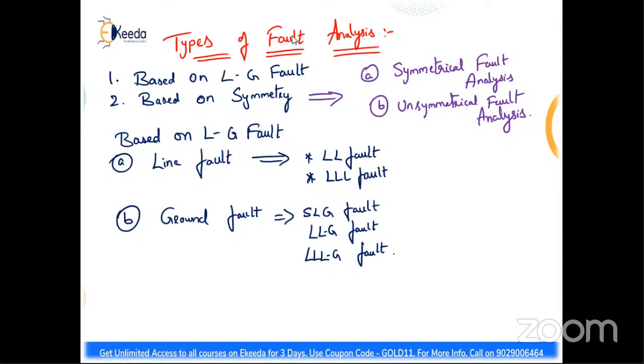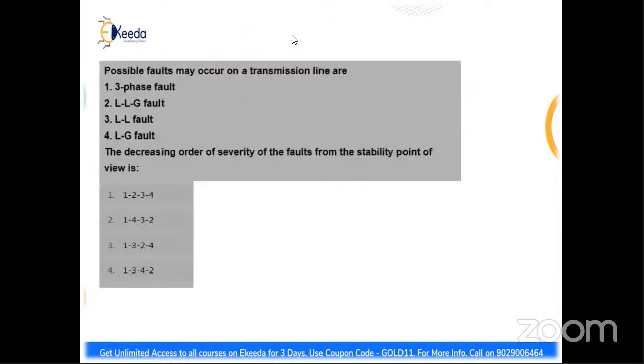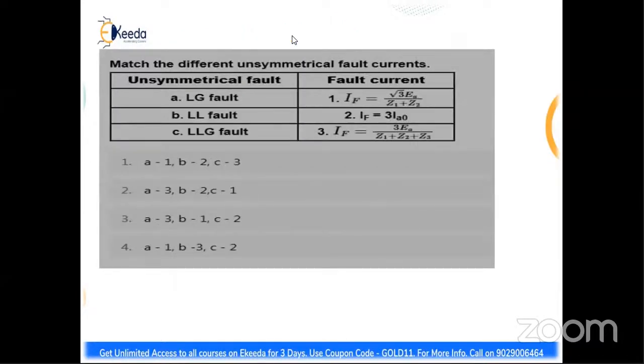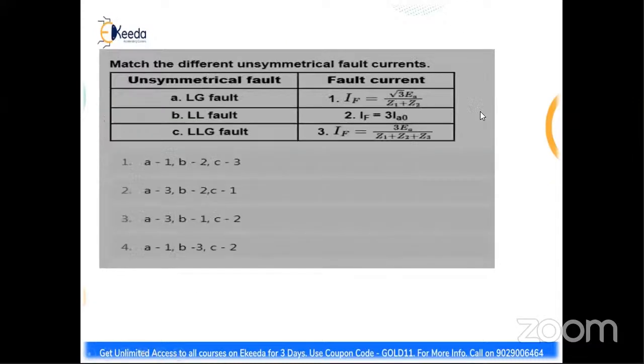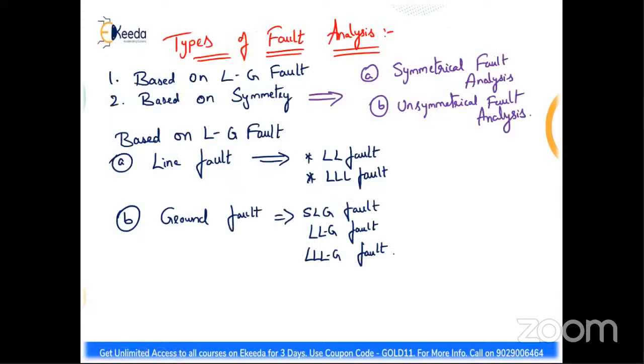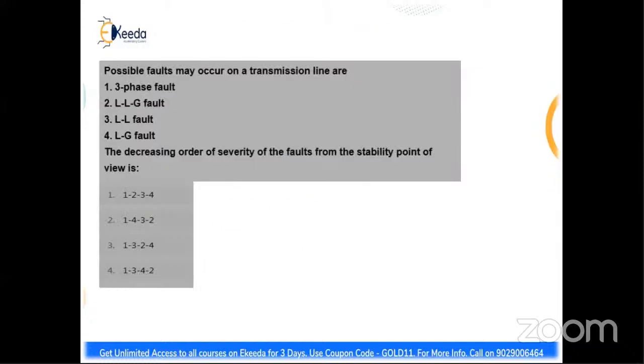So now there is one question about possible faults. You have understood the types of faults now. The possible faults that may occur on a transmission line are given: three-phase fault, LLG fault, LL fault, LG fault.